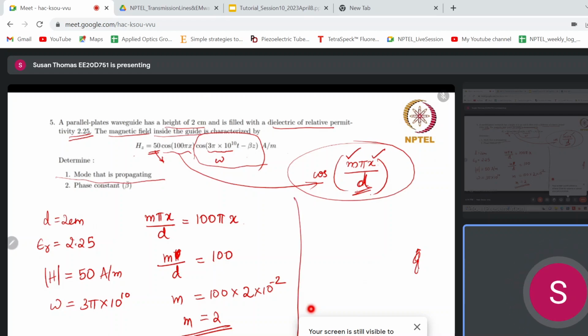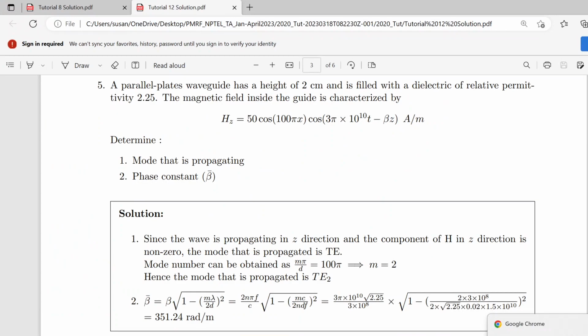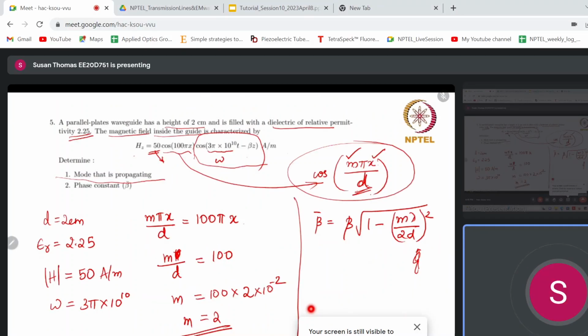Then coming to the discussion on the phase constant beta, the second part of this question. What is the phase constant in a parallel plate waveguide? Beta bar is equal to beta into square root of 1 minus the quantity m lambda by 2d, the whole squared.